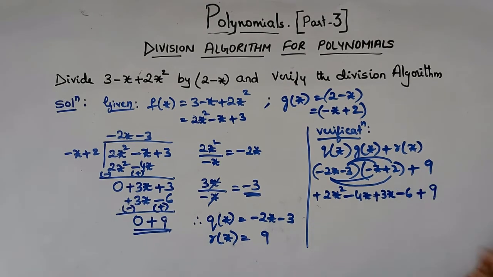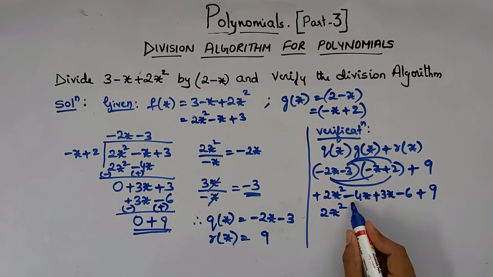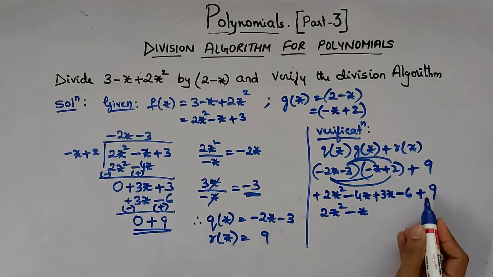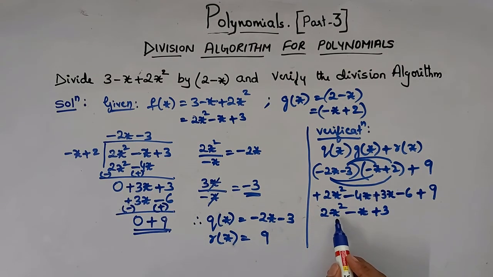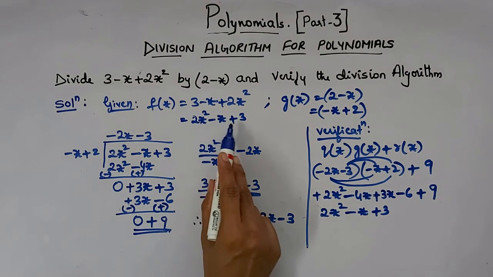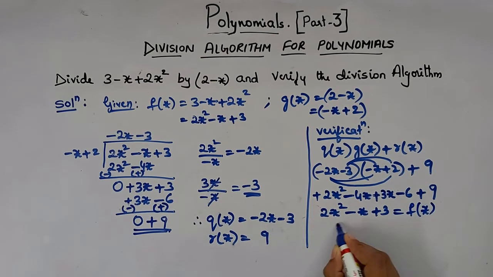Plus 9. So this will give you 2x square, minus 4x plus 3x will give you minus x, plus 9 and minus 6 will give you plus 3, right? Which is nothing but 2x square minus x plus 3, which is equal to f of x, right? So hence it is verified.